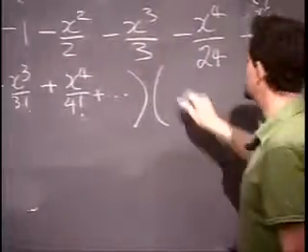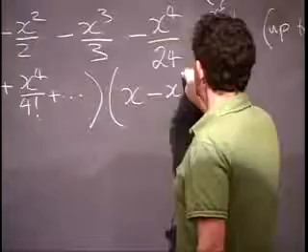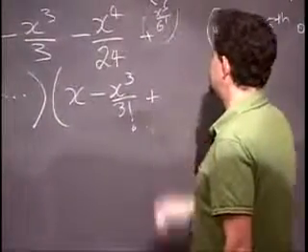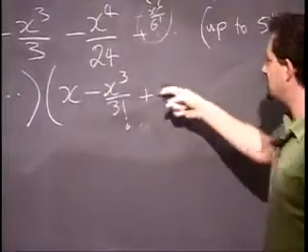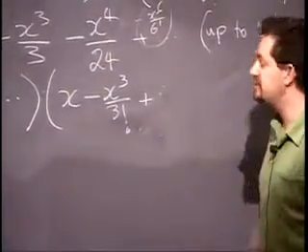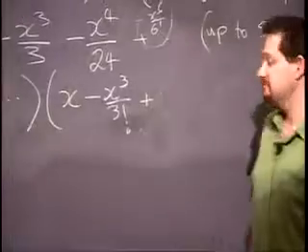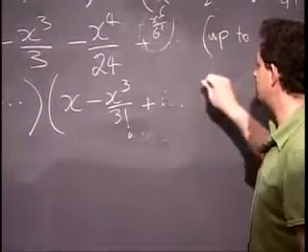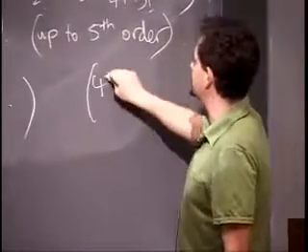Times sine x is x minus x cubed over 3 factorial plus, well, you know what? I cannot write x to the 5 over 5 factorial there, or else I should have written it over here. I've got to match these things. Maybe you think I should match them, but I'm going to be ambitious. I'm going to try 4th order here.